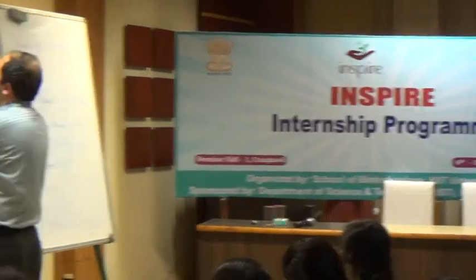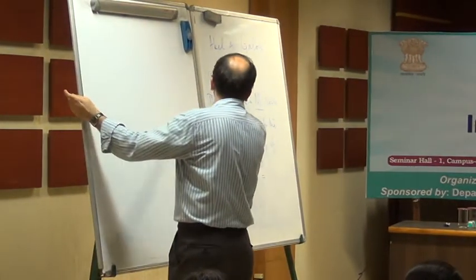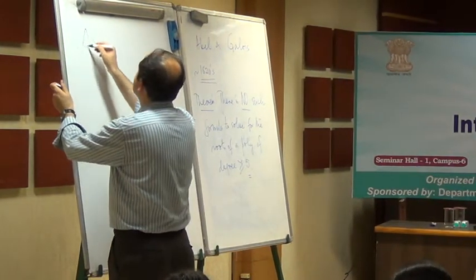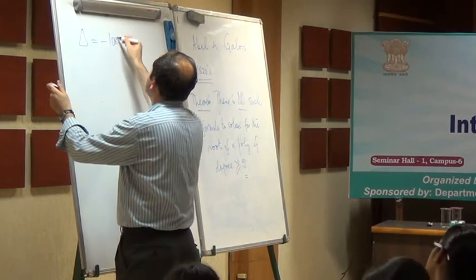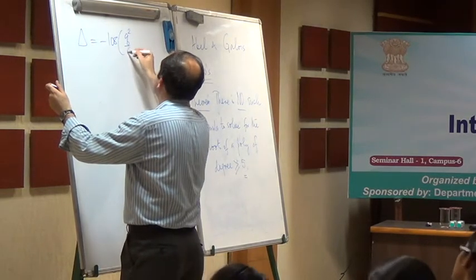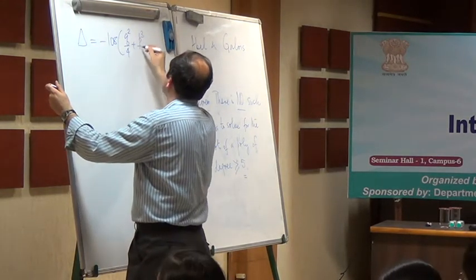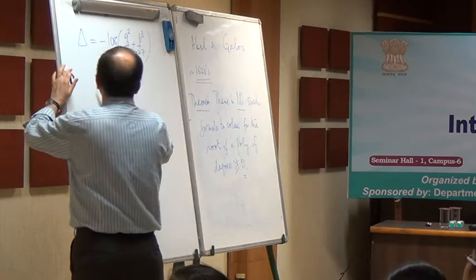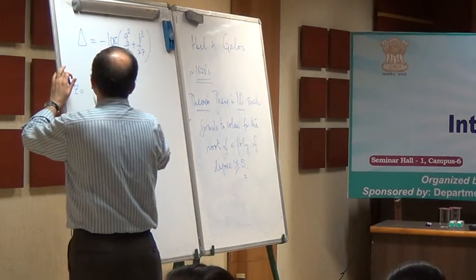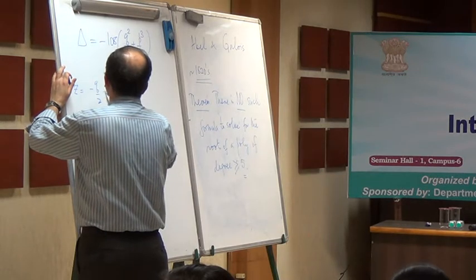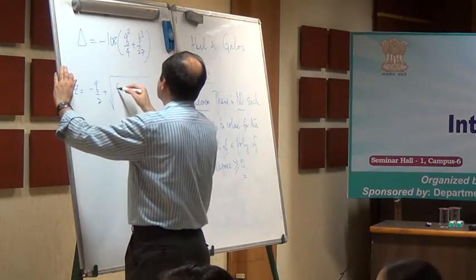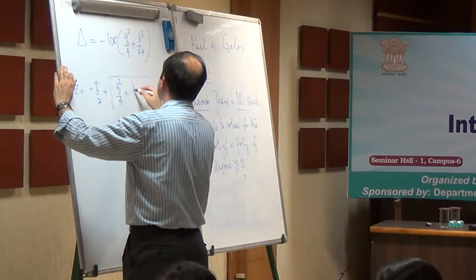So the question is about these three possibilities. I wrote down the discriminant as minus 108 times q squared by 4 plus p cubed by 27. I was only trying to tell you to compare it with the formula for the root.